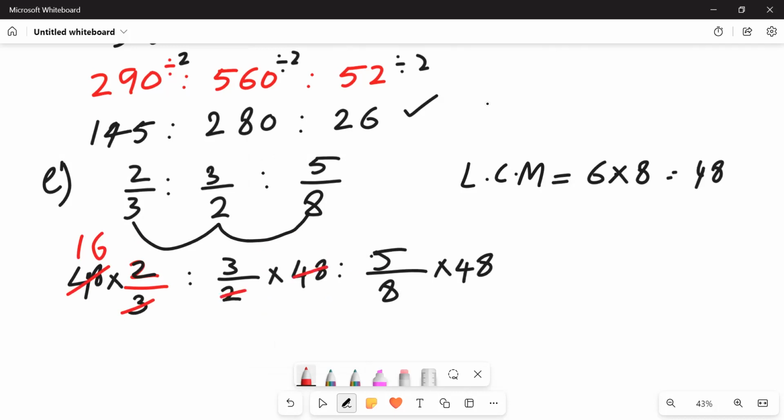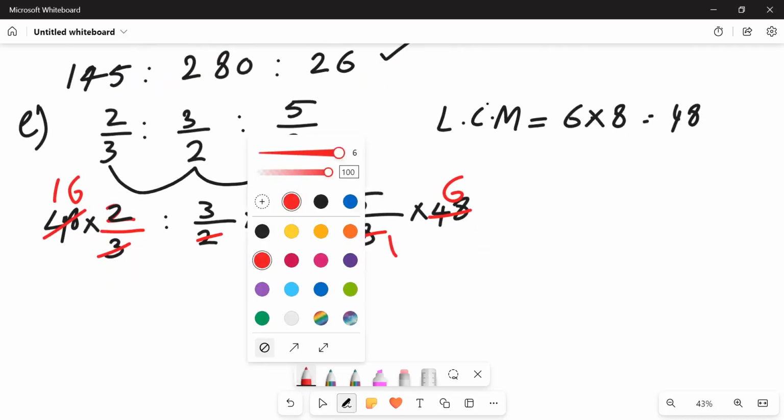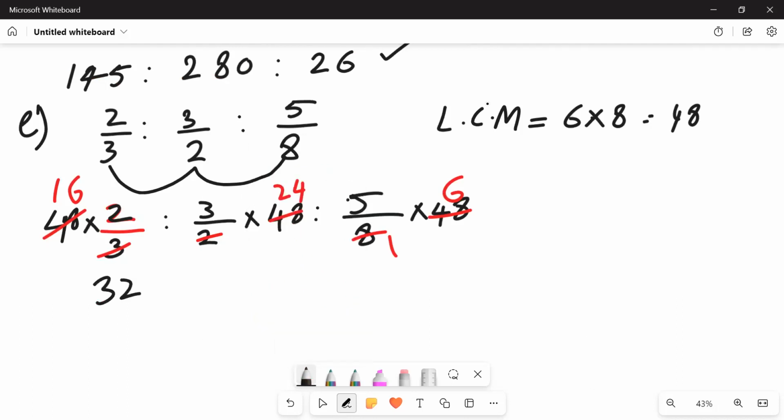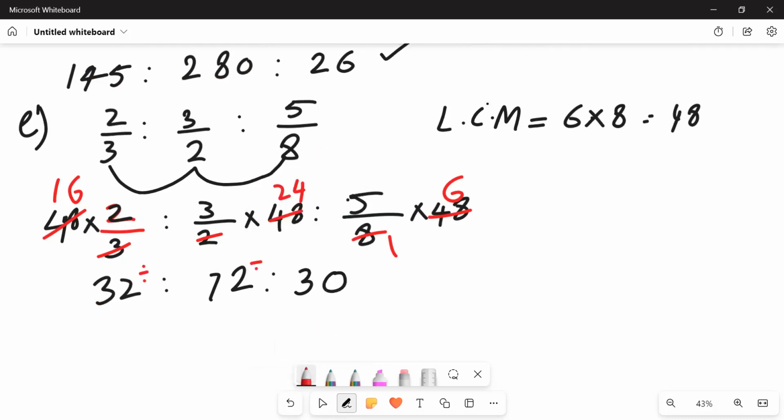Now 2, 2, 2 and 2, 4, 8, and 8, 6. Okay, now it is 32, 2 over 16. We multiply: 4 threes are 12, and 1 is remaining, 3 twos are 6 and 7, 72. Yes, and this one will be 30, 35, 30. Yes, now we can divide it by 2.